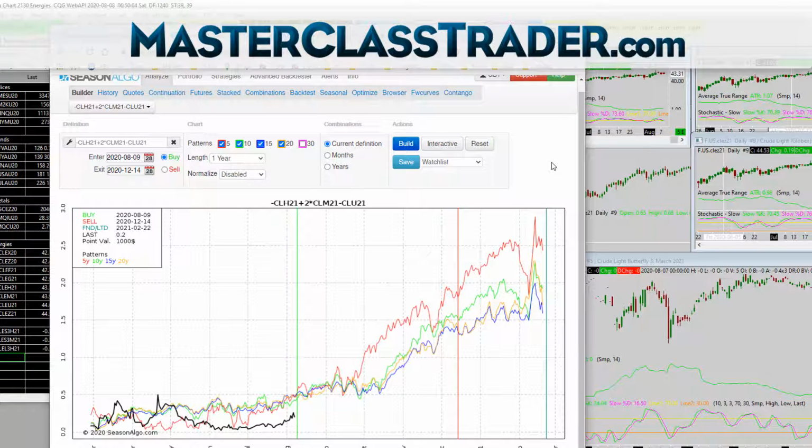Because there's only 5 years of data in it. Of course, it's going to be more volatile. But you can see the 10, 15, 20-year ones almost identical, which means it's a very reliable performance statistic, okay?